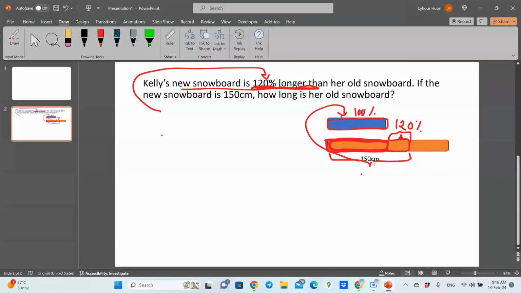The actual length is 150, that is correct.